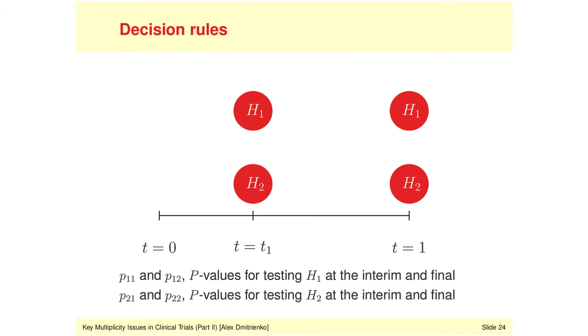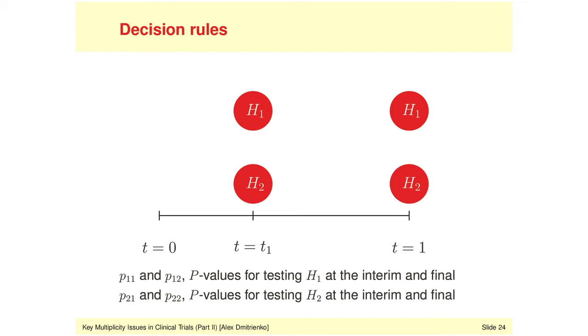To help define the general decision rules that will be applied in this group sequential trial with two clinical endpoints, let's take a look at this diagram. This diagram once again shows the information fraction axis. It defines the start of the study, the end of the study, and also the interim analysis at the information fraction t1.